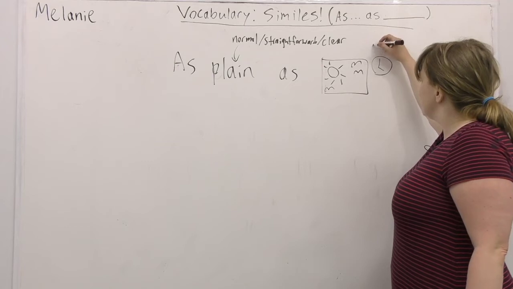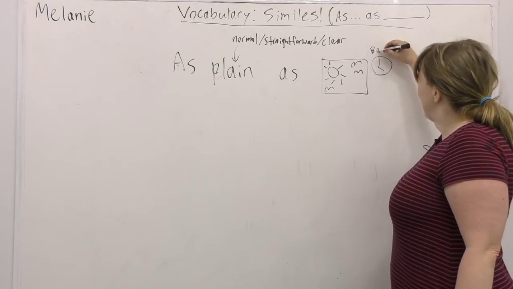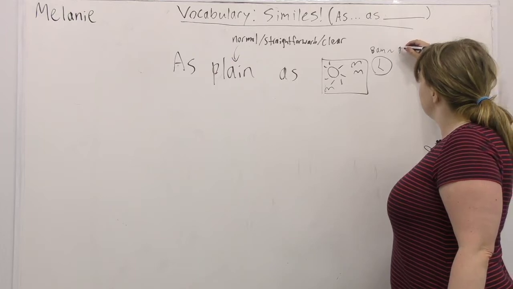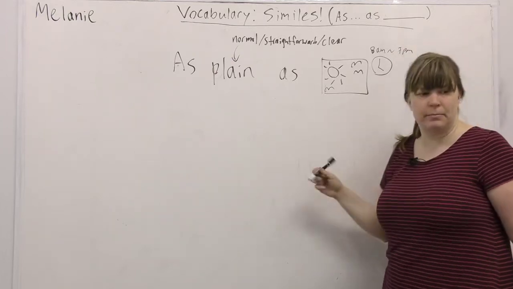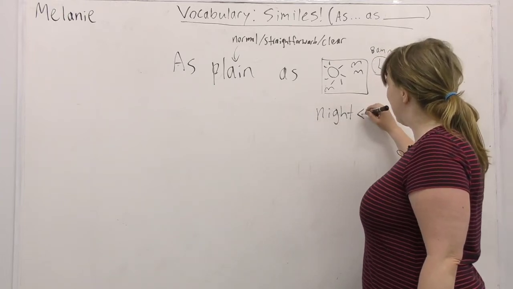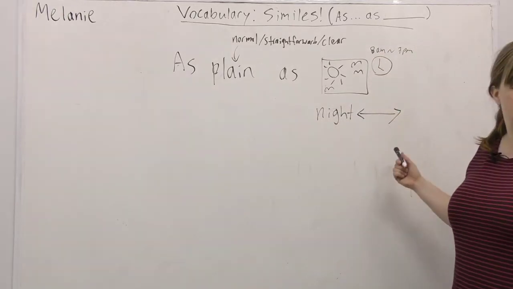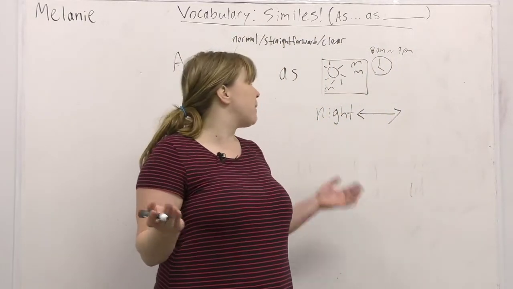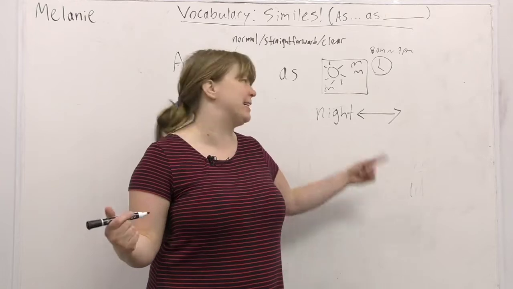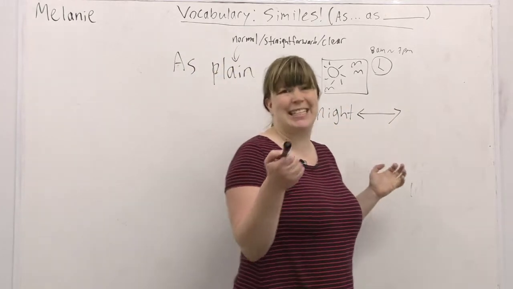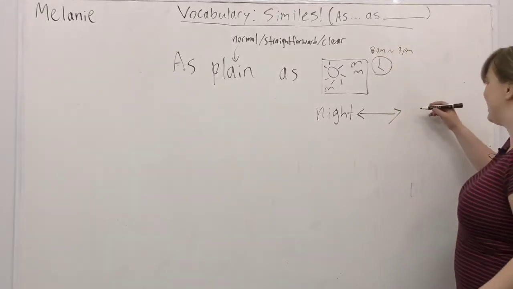Usually it starts from like 8 a.m. to like 7 p.m. The opposite of night is, what is the opposite of night? That's probably an easier way to explain this. The opposite of night is, yes, day. Thank you. Very good guess.